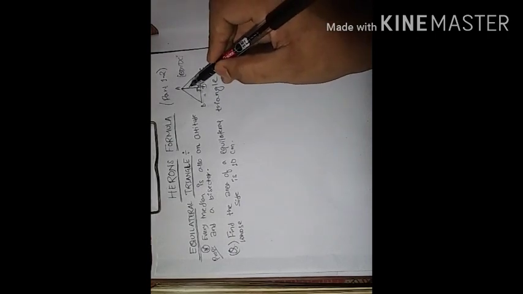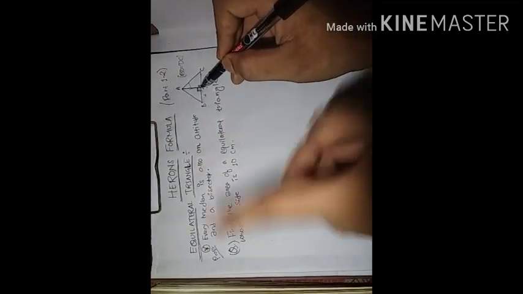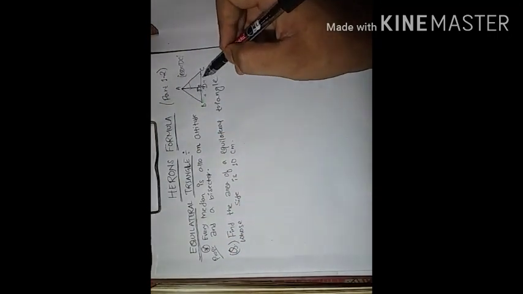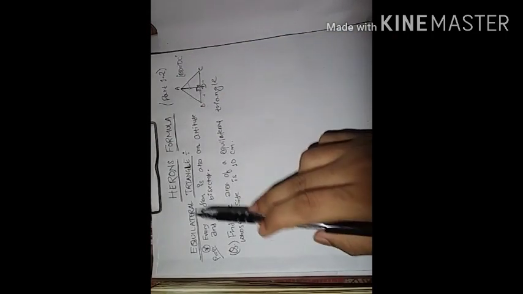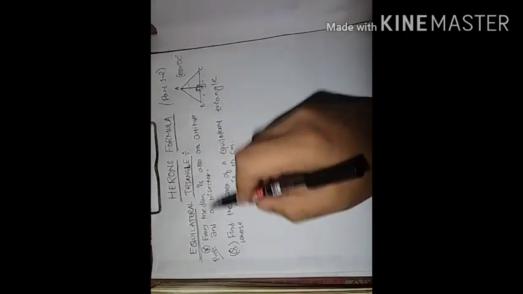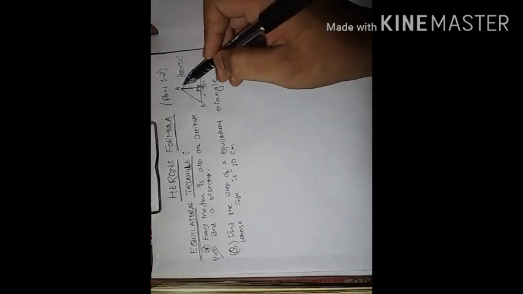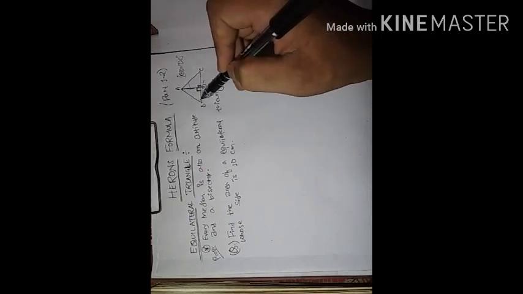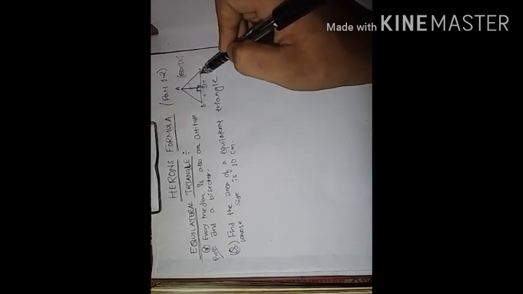So here what will be the height? The median will be the height and BC will be the side. So remember that in an equilateral triangle the median is the height, or altitude, because in an equilateral triangle the median is perpendicular to the side on which it is drawn.